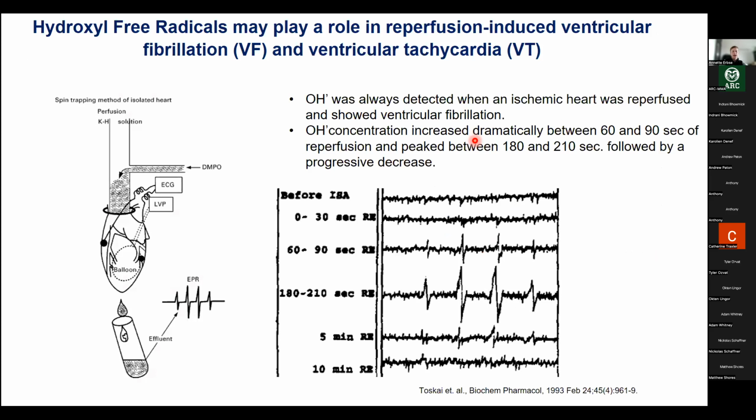Now let's look at a few examples that I found were pretty interesting. In this example, and that's a slightly older work, the authors looked at the appearance of hydroxyl radicals in isolated rat hearts after they restricted the flow into the hearts for 30 minutes and then removed the restriction and reperfused the heart, while they also added DMPO.